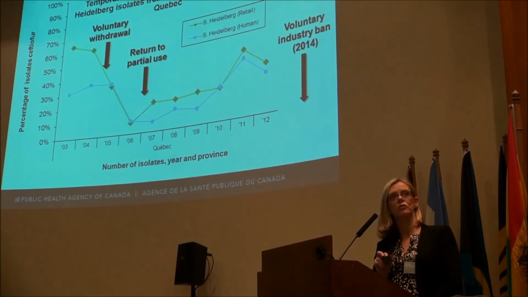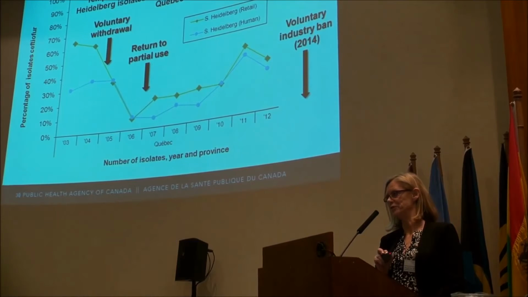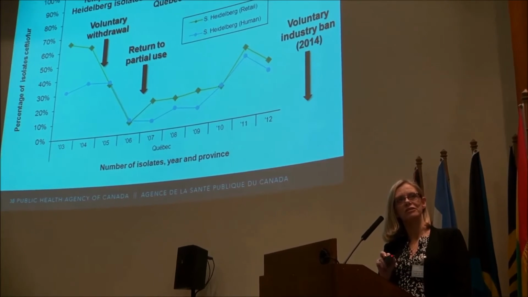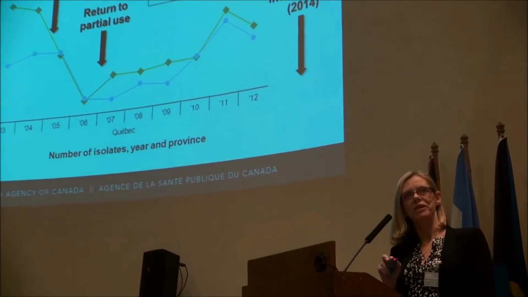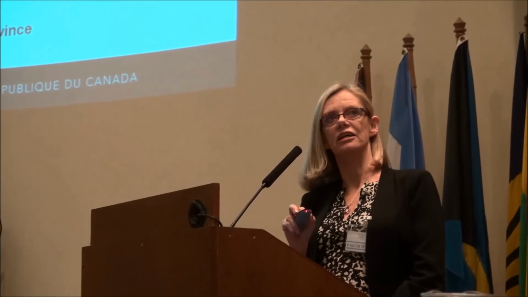And then they started going back to using it again because the rest of the country was using it and they didn't want to be left on their own. So they've gone back to use, and then we saw this ratcheting up again. And basically in May of 2014, the chicken industry in Canada has done a full national ban. So that's a very positive piece.